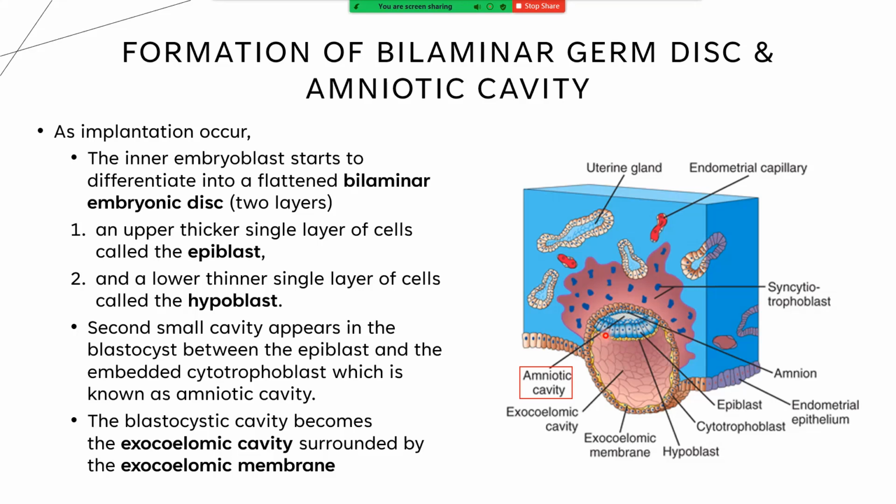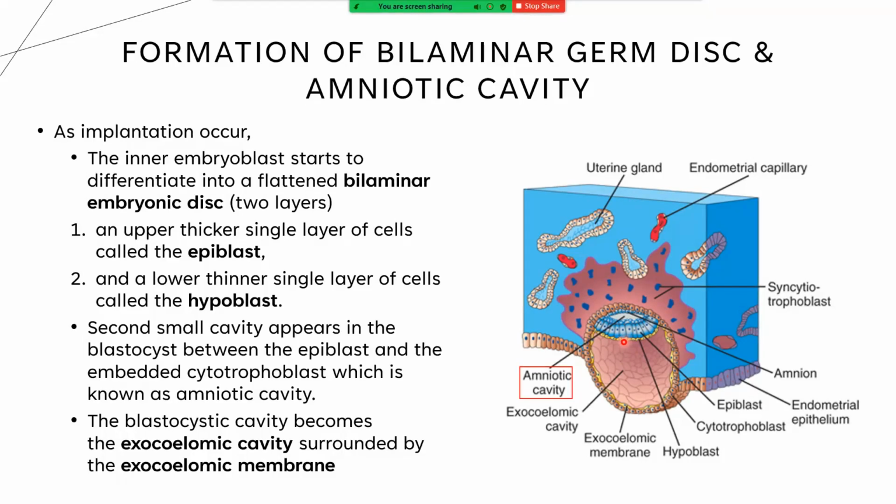You may look at my pointer. The epiblast and the hypoblast. The epiblast is the upper, thicker single layer of cells, and the lower, thinner single layer of cells is called the hypoblast. Epiblast blue, hypoblast yellow.